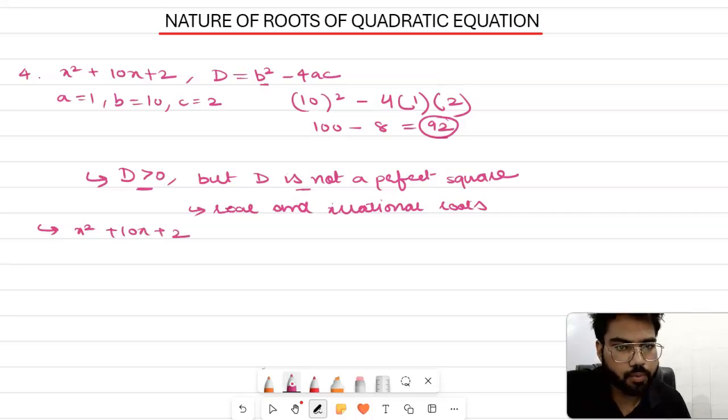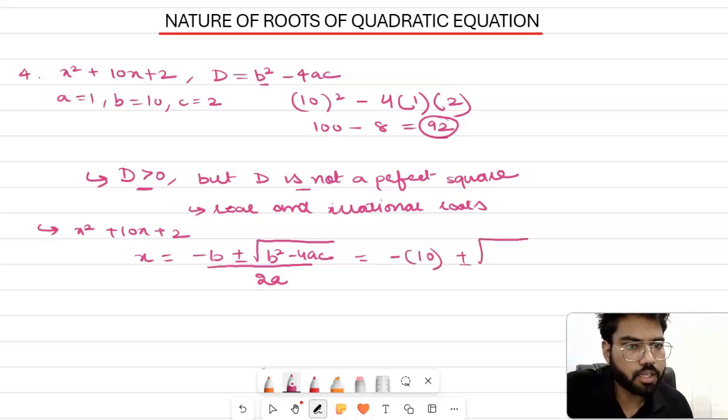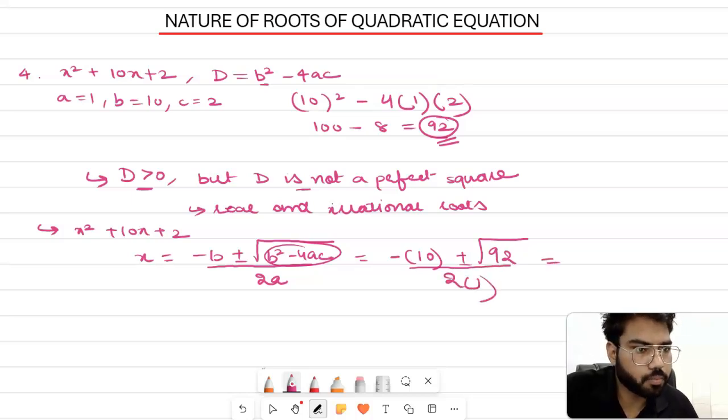Now we will find the roots of this equation using Sridharacharya formula. x is equal to minus b plus minus under root b square minus 4ac upon 2a. So here minus b, minus of 10 plus minus under root b square minus 4ac. Here is the value 92 upon 2 into a. So value of a is 1. So this comes out to be minus 10 plus minus under root 92 upon 2.